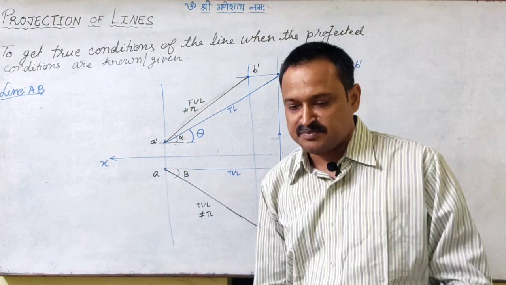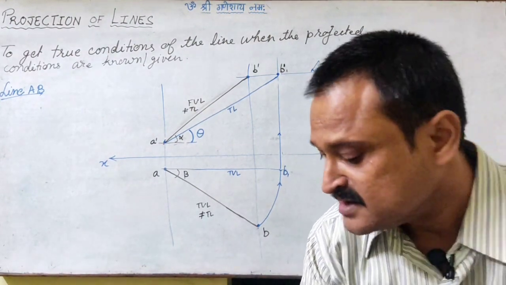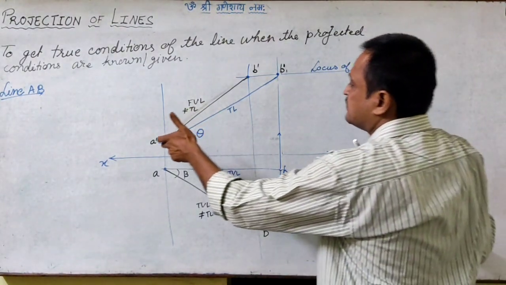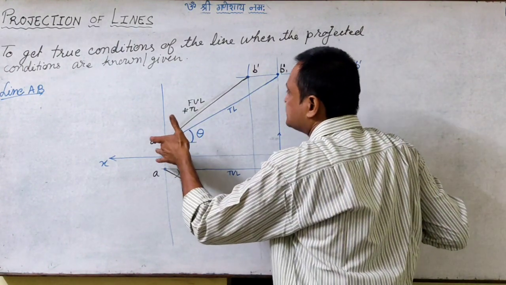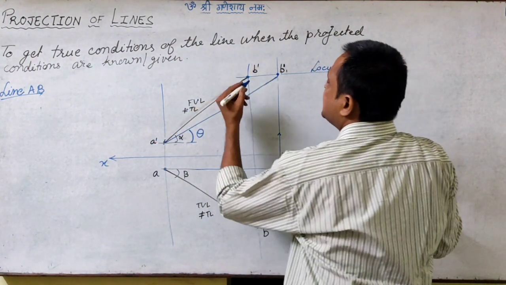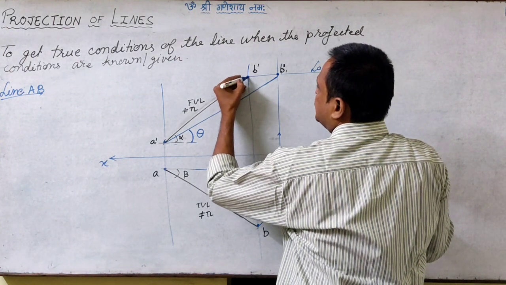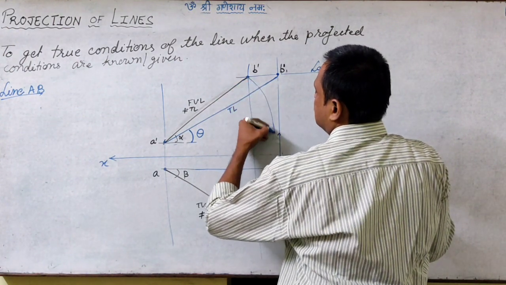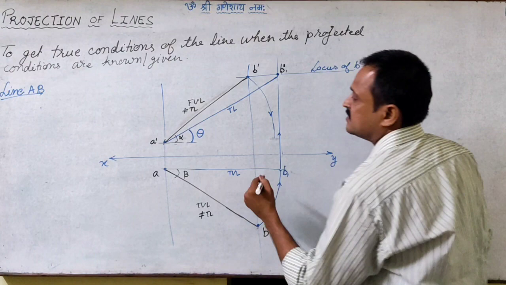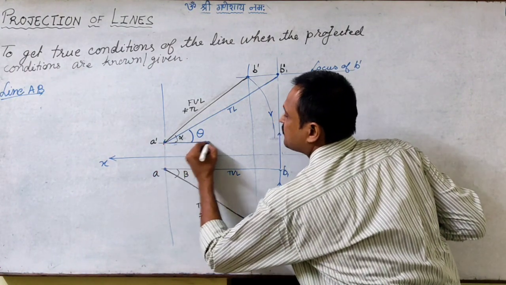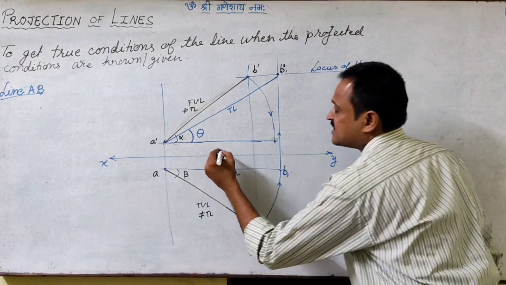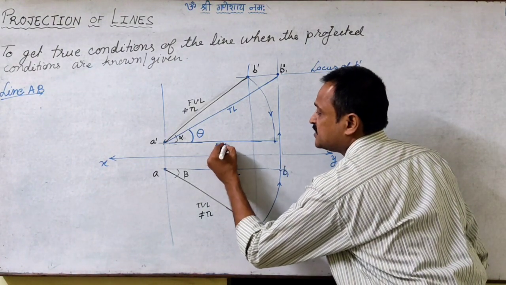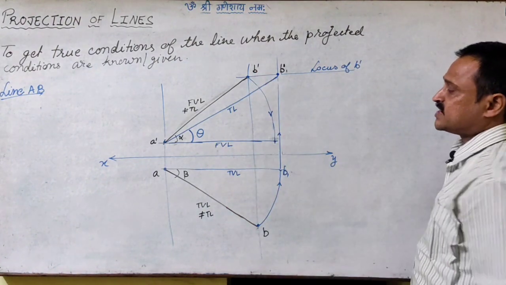And then I drop the projector in the same condition. So to make it parallel to XY, with A dash as center and A dash B dash as radius, I rotate it and make it parallel to the XY line or the reference line. So this is the front view length we have rotated.